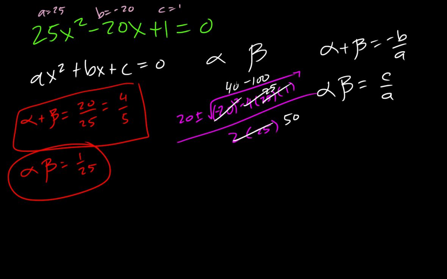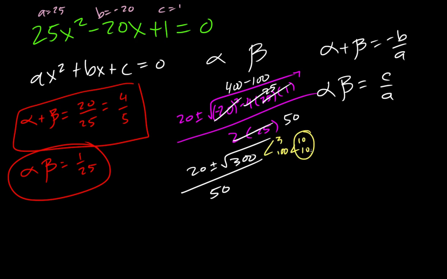It's going to be 400. So we end up with 20 plus or minus square root of 300 over 50. If we break this down, 3 and 100, 10 and 10, so we can take out the 10, leave the 3. If we divide all the pieces by 10, that becomes 2 plus or minus root 3 over 5.